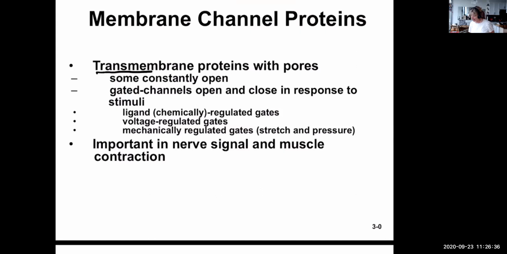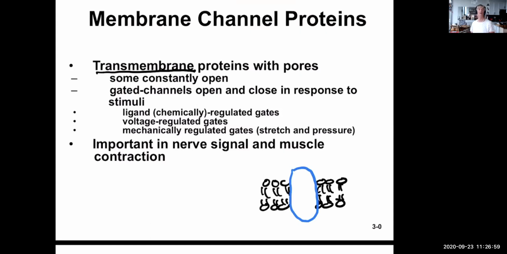Transmembrane proteins are the ones that go through the entire membrane. So for example, if this is our membrane here, this is our bilayer of phospholipids. Our transmembrane protein bisects the entire membrane.